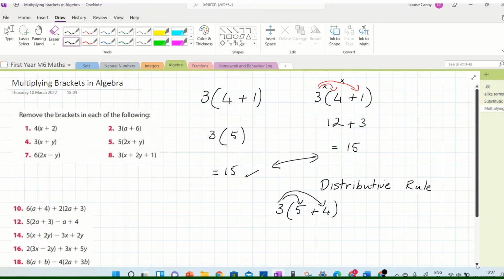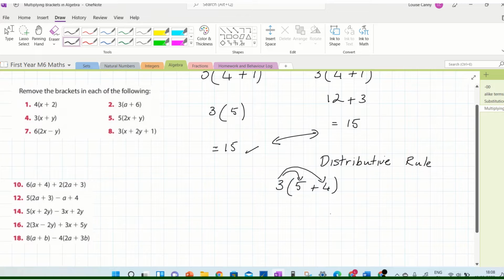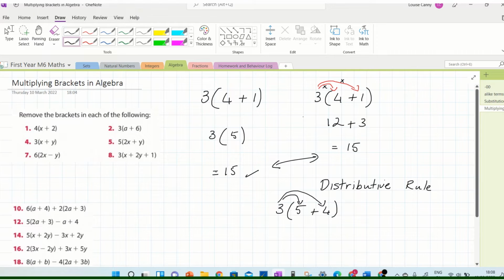This is a very useful thing to know when it comes to learning how to multiply brackets, because we can't go to our first method where we just add what's inside the brackets when we're doing things like this, because x plus 2 are not like terms. So we cannot add x plus 2.